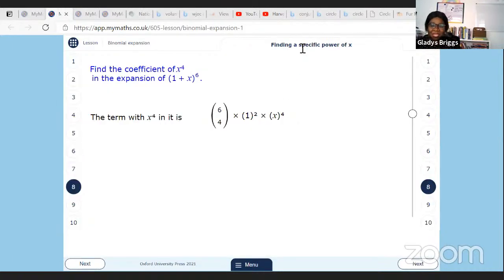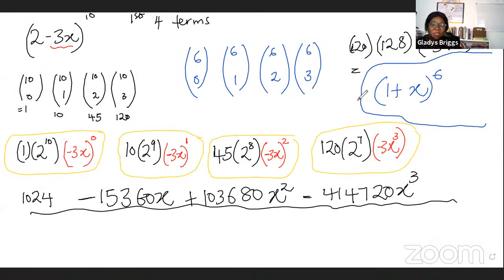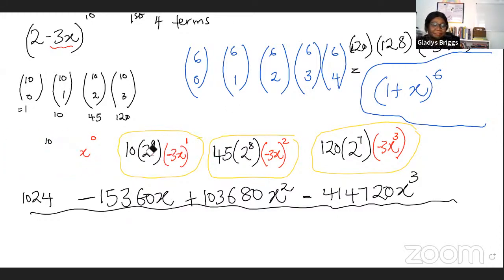Let me go back to the whiteboard. So I've got to do it with you then, because this would be 6 choose 4 then. We don't have to do all these anyway, but let's see. I wanted to push them to the side so that I can see.